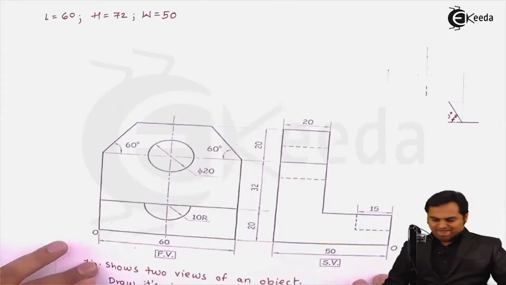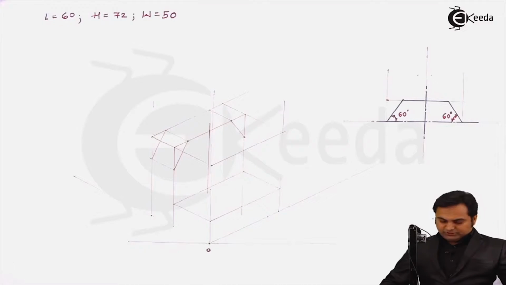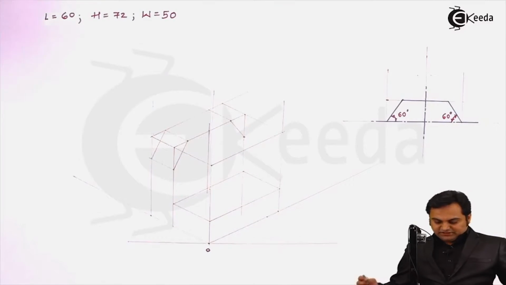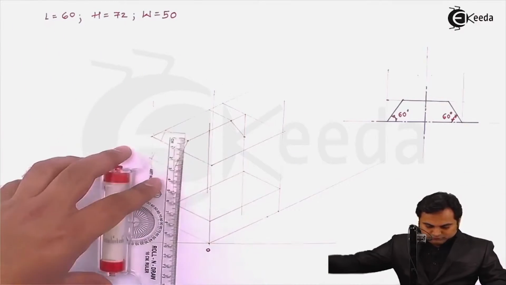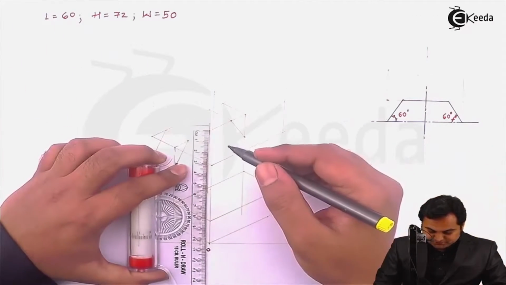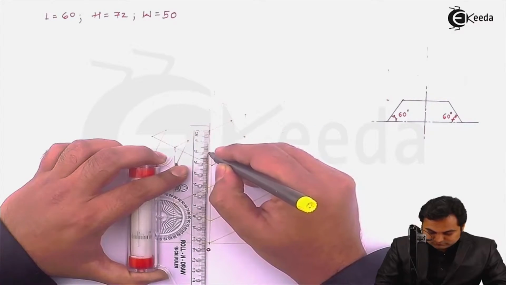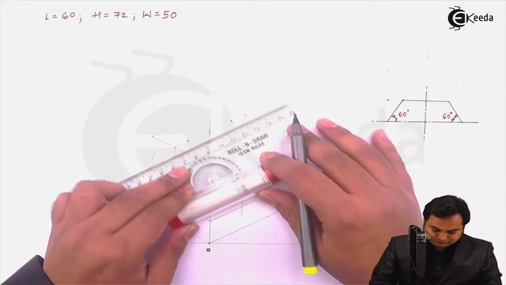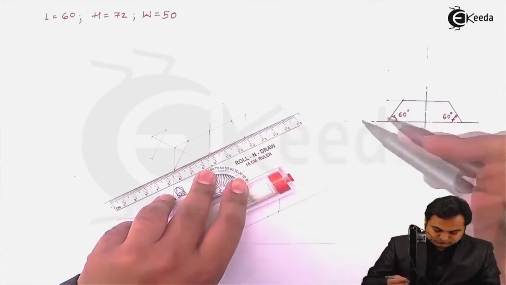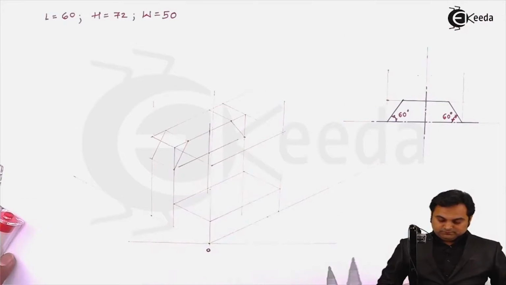So here, for that circle having diameter 20 mm, its center is located at 20 mm from top. So measuring 20 mm distance, and then drawing a parallel line through it. Now here I am getting that center.